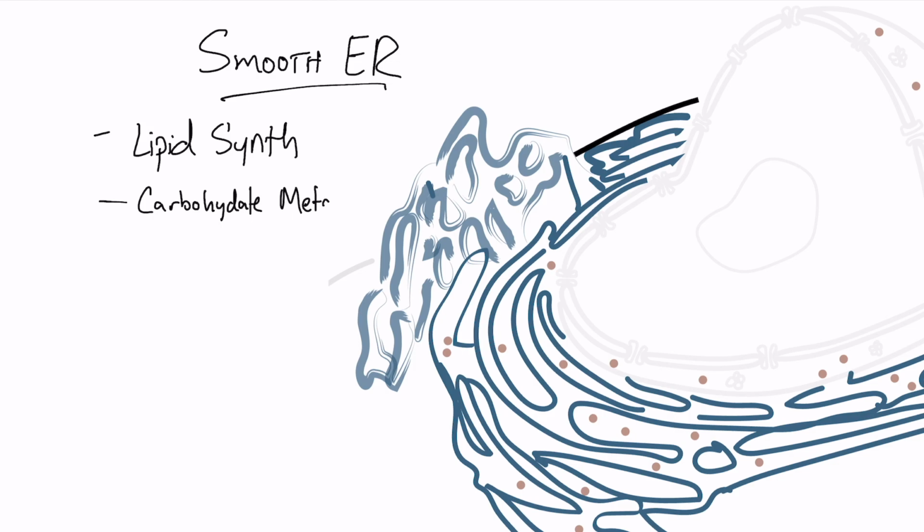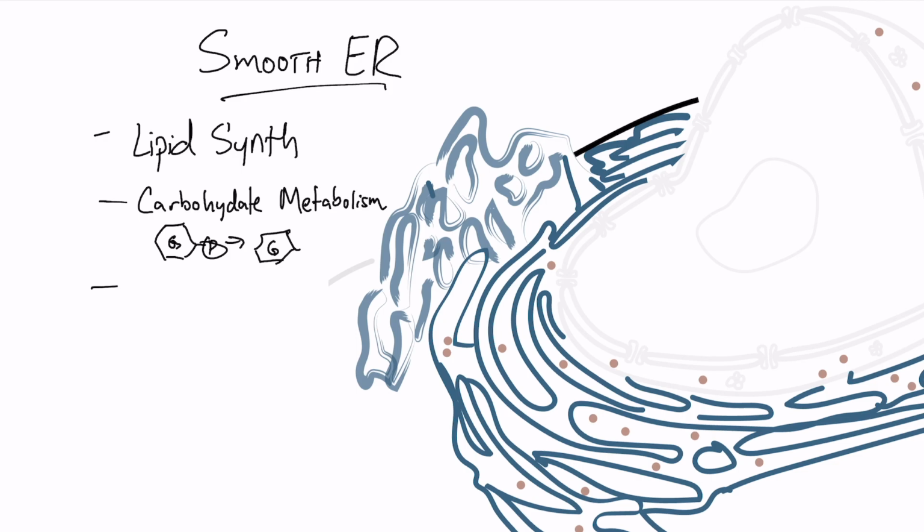For example, the last step of gluconeogenesis, which is the process of producing glucose, occurs in the smooth ER. That's when glucose 6-phosphate gets converted into glucose, and that occurs in the smooth ER.